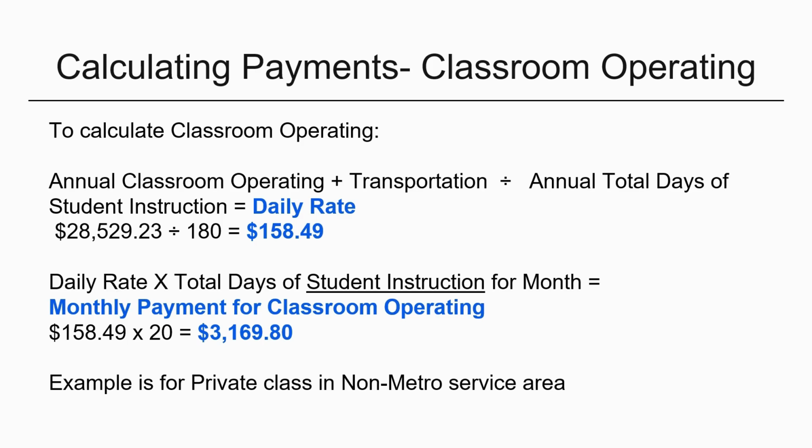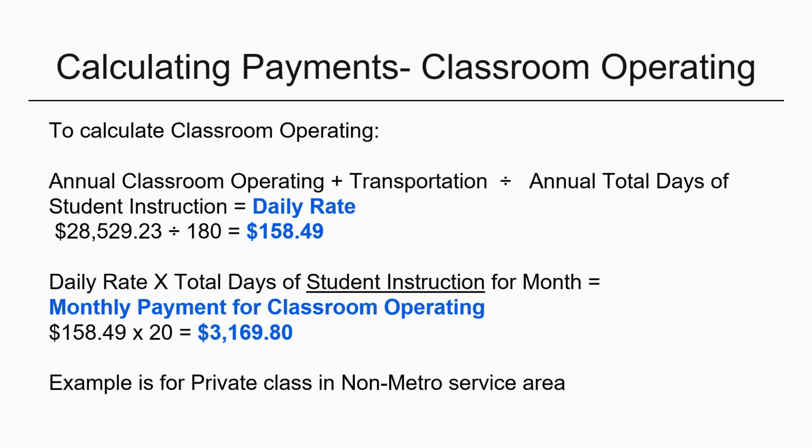So here's our example. In the program we're going to be talking about, we're in a private class in the non-metro area, and this program is going to school 180 student days. So we're going to start with our whole classroom operating budget, the whole year, plus your transportation money for the whole year.